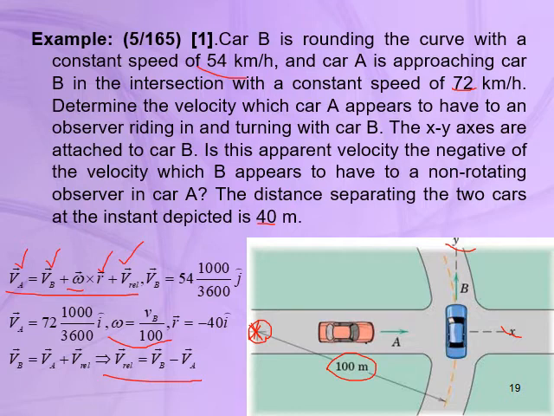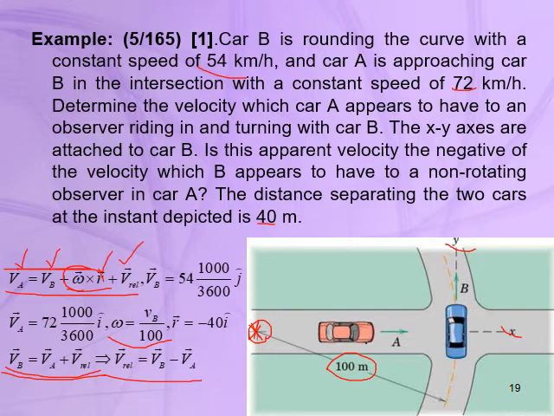And also for the relative velocity of B with respect to A, if you consider the relative coordinate system attached to car A, this time it will be a translating coordinate system. So the equation is VB equals VA plus V relative, and we don't have omega because this term is 0, because the coordinate system does not have any rotational motion.